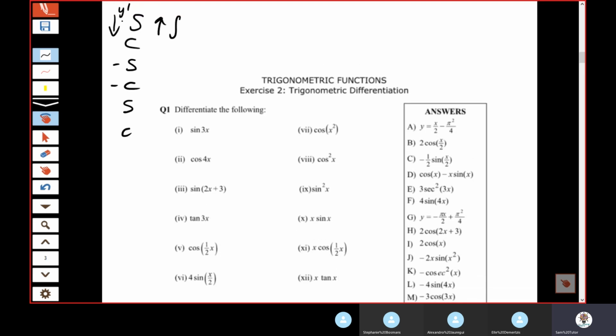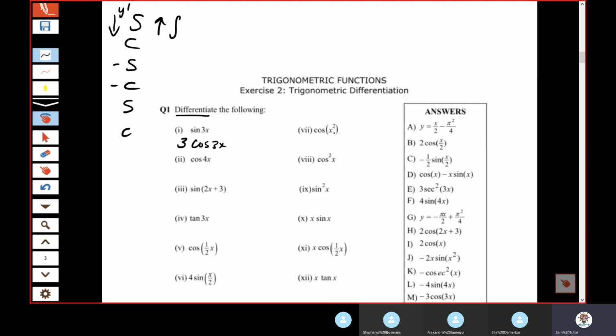Right now we're only going downwards. Sine 3x, what you want to remember is your angles don't change. So sine 3x becomes cos 3x. Then you differentiate the 3x, which is 3, and you multiply the front of your cos by that.